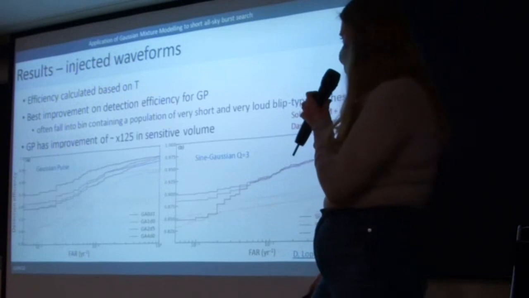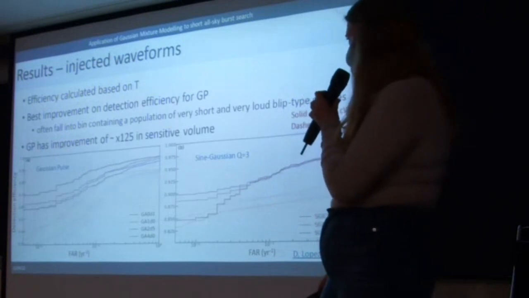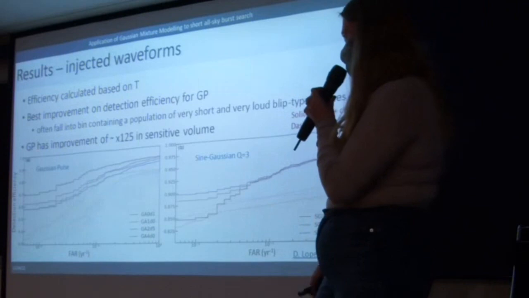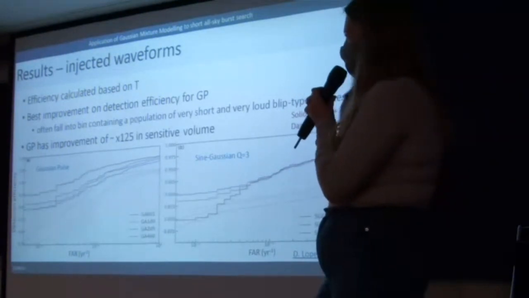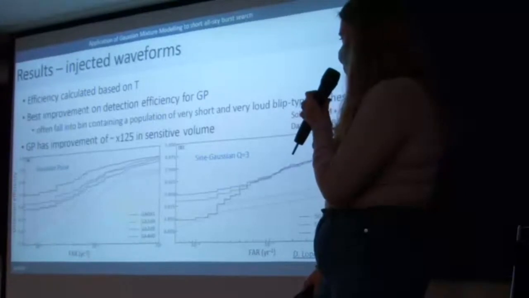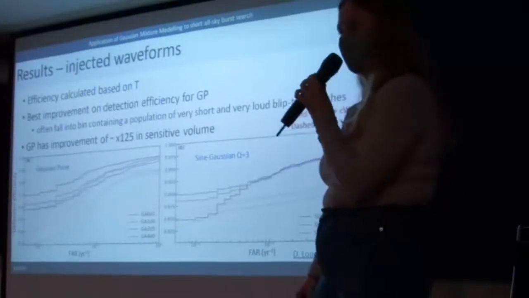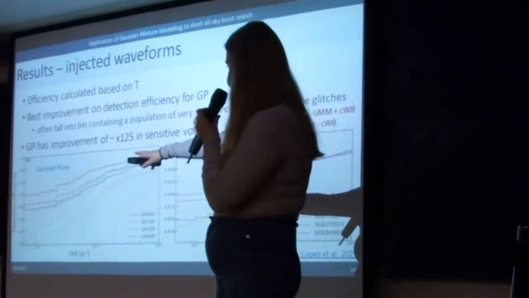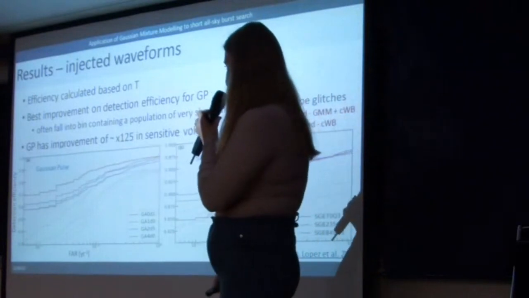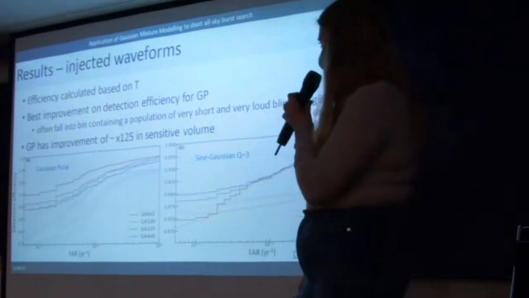Okay, so now we're on to the results. I have some ROC curves here. Detection efficiency is calculated based on the detection statistic described earlier. The best improvement here is on Gaussian pulses. You can see it's quite a big jump from around 0.3 to 0.6.